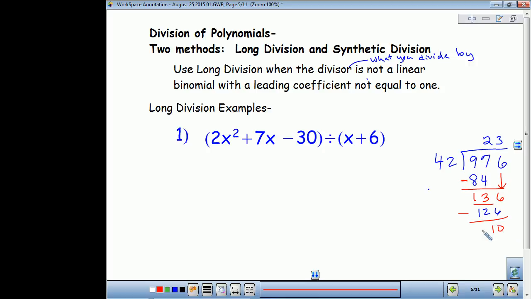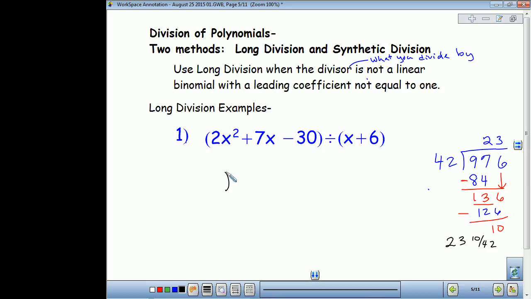And what was 10? It was the remainder. Now, when you first started doing this, you just wrote R10, didn't you? Okay? And then later on, we started writing 10 over the 42. We wrote it as a fraction, didn't we? Okay? That is long division. That's what we're going to do today. But we're going to do it with polynomials.